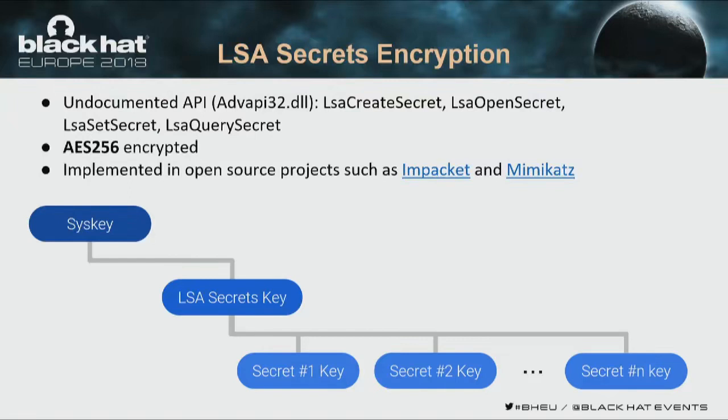So if you have full access to the registry on the machine, it's really not that difficult to get the key with which you can read and write LSA secrets.